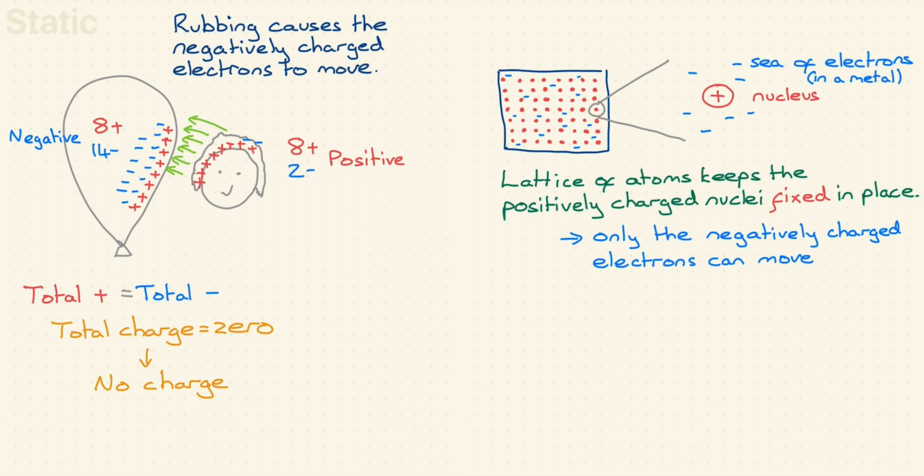It is negatively charged. Note that I drew this carefully, so we still have the same total number of charged particles. This is static electricity. The objects are charged, but the electrical charge is not moving. It is static.